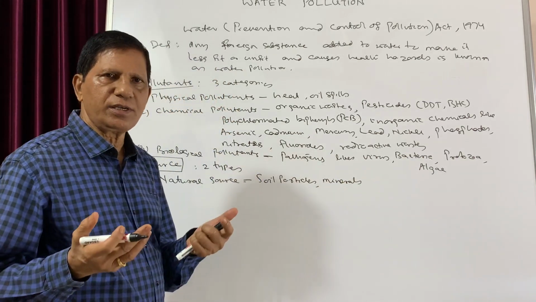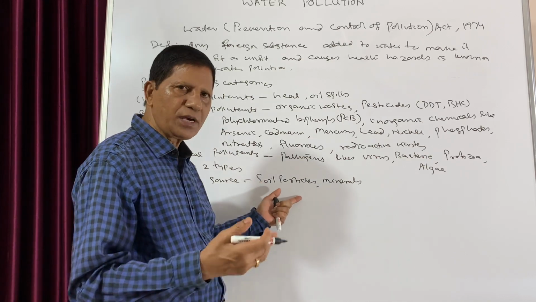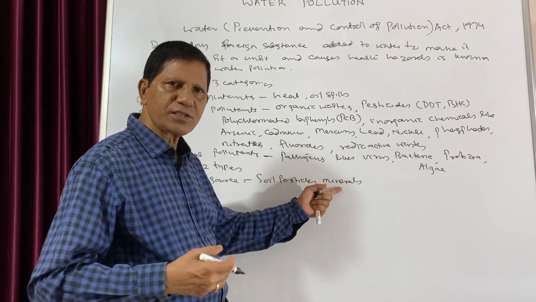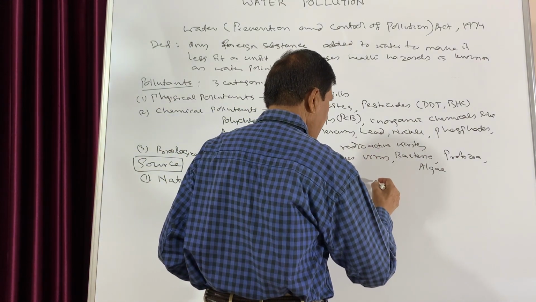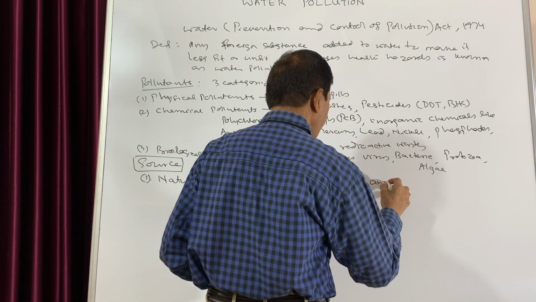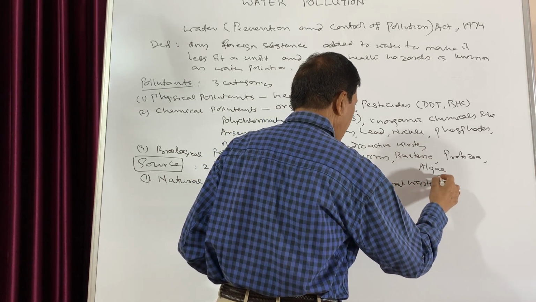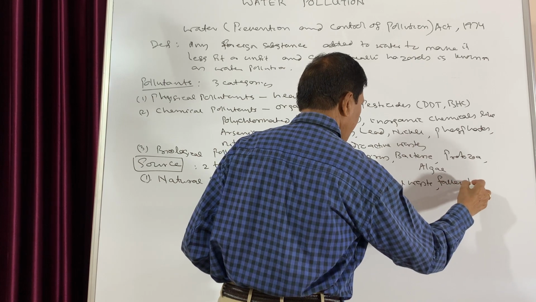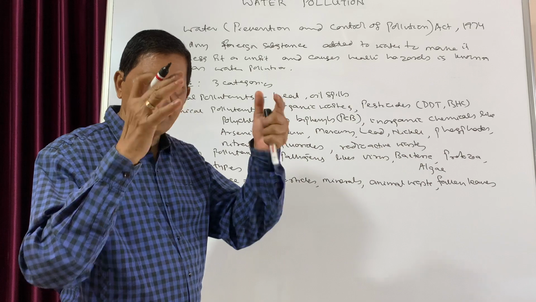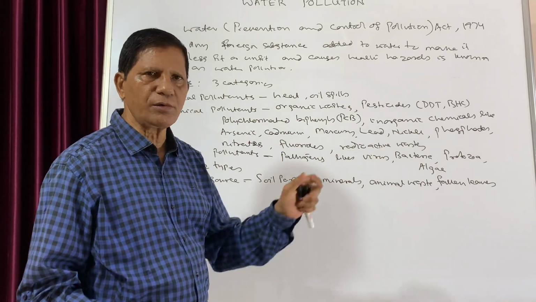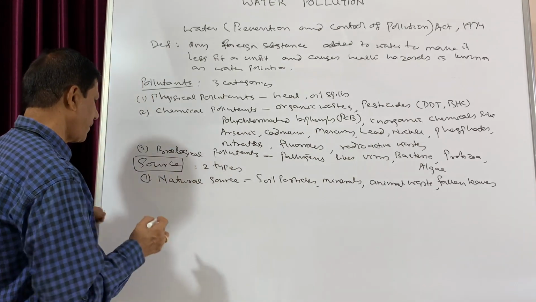That means when there is runoff of water due to rain, the soil particles are washed away, and from the rocks, the minerals are also washed away. Then also different types of animal waste, then fallen leaves. Suppose the leaves have fallen from a tree, they will be washed away. So all these are the natural sources of pollution.